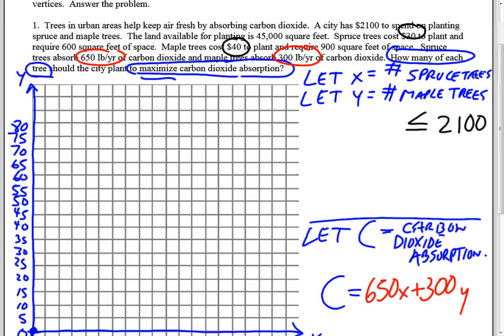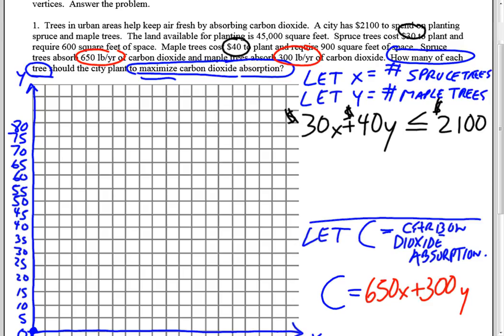It's $40 for maple. Does it follow that I put 30x plus 40y? Does that make sense? If it helps you to remind yourself what you're dealing with, put some dollar signs if you want. They're not really important until we get to the end.